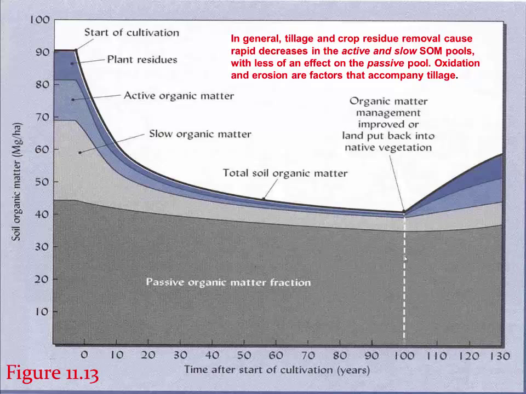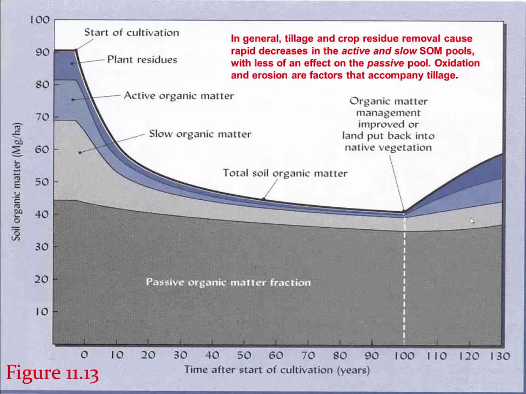Now, if we change the management system from this, which would be conventional agricultural practices, a lot of tillage, not much residue being returned to the soil. If we change that and implement no-till or residue management, then we can actually improve the total organic matter in the soil. Again, we're not going to change the passive material too much, but we could increase it a bit.